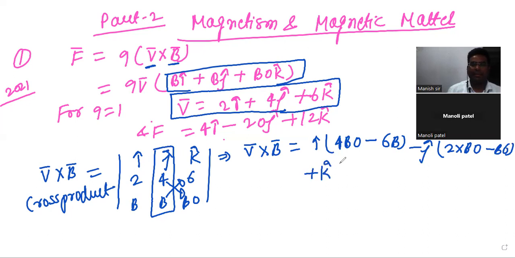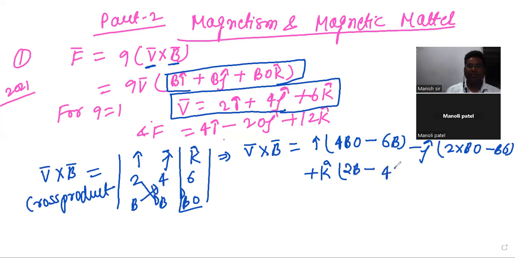Similarly for the K unit vector, we omit this part, right? This part we will not consider. We'll consider only this one. So it will be 2 into B minus B into 4. So it will be 2B minus 4B.